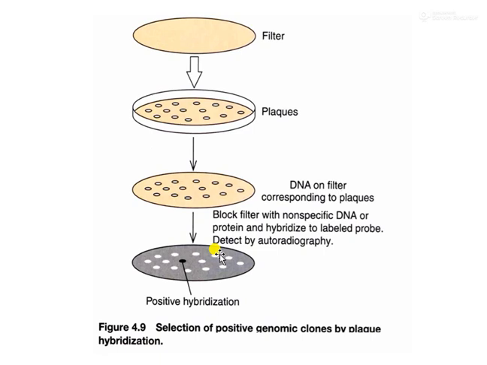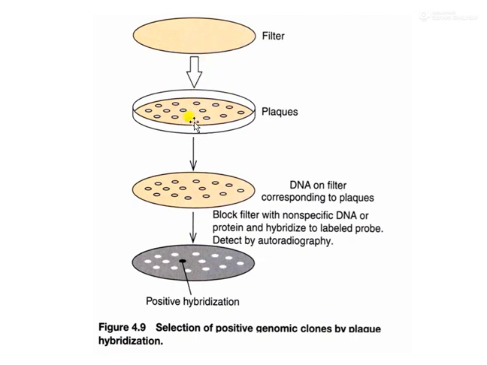You can use this filter paper later with various other techniques, like autoradiography, using labeled probes to find out if specific DNA is present. So in the case of phages, we can identify the recombinants by blue-white screening. Blue colonies identify the non-recombinant ones, and the recombinant DNA will be present in white colonies. Further, if you want to find the presence of specific DNA, you can use plaque hybridization, where the DNA of the plaques is transferred onto a filter paper.